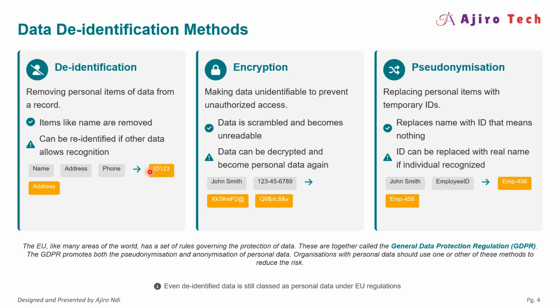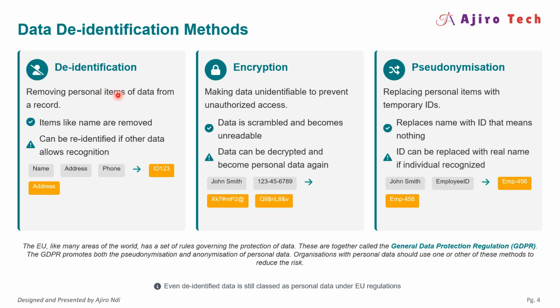Now, certain items in their identifications are removed from that record so that the person cannot be identified, right? Now, if the person could still be identified from the remaining data, it would be possible to re-identify the person and add the removed data.